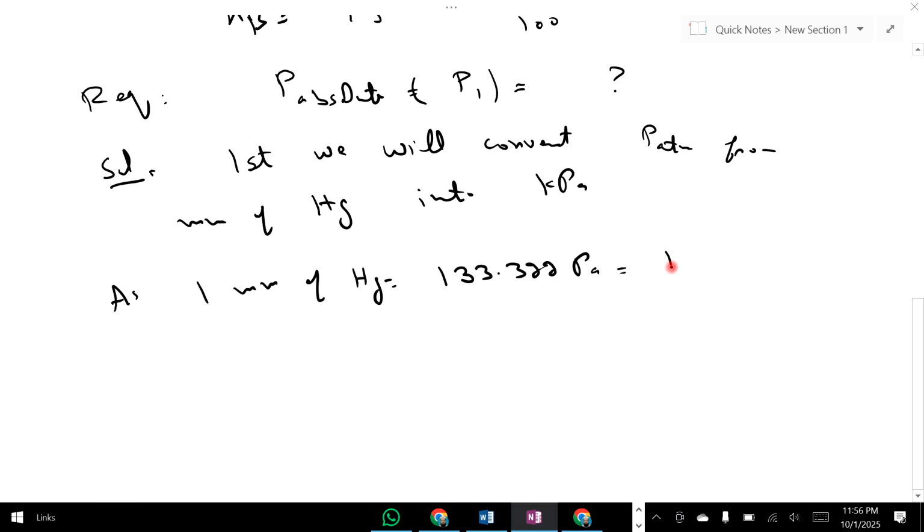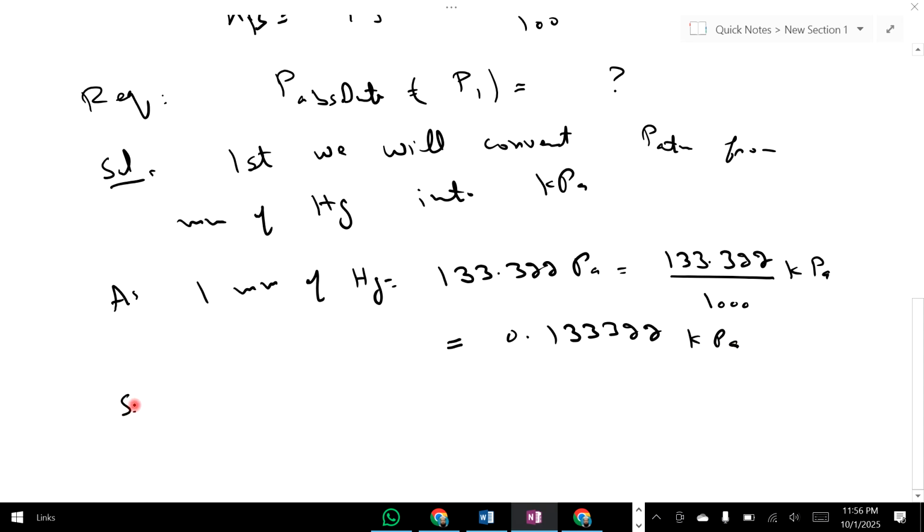So 133.322 divided by 1000, kilo is equal to 1000, which is equal to 0.133322 kilopascal. 1 millimeter of Hg is equal to 0.133322 kilopascal.